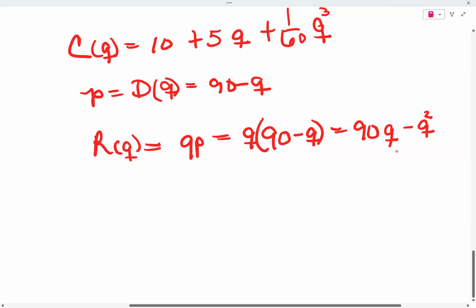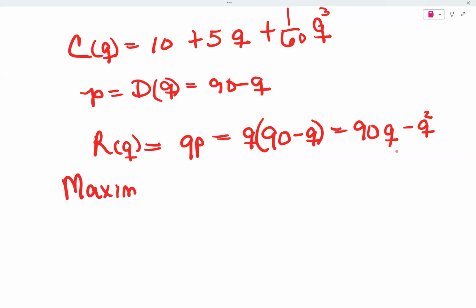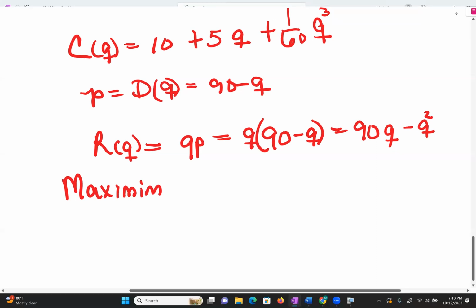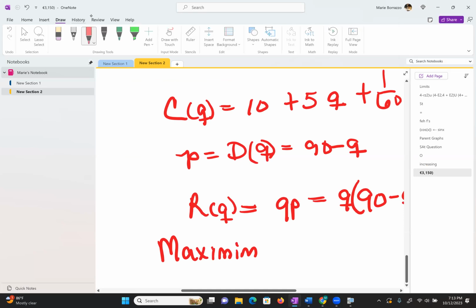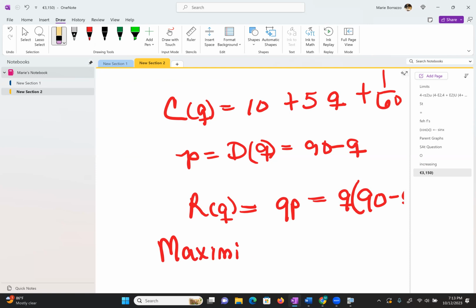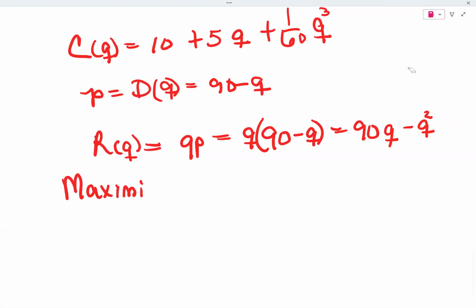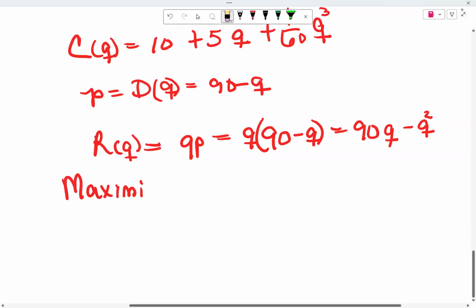So you're basically turning it into a quadratic. And we want to maximize R of Q.